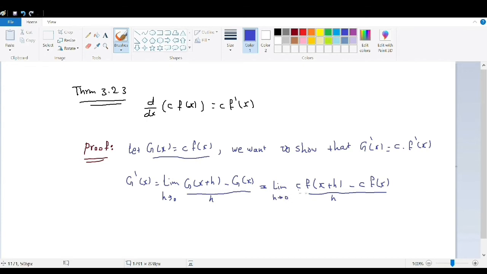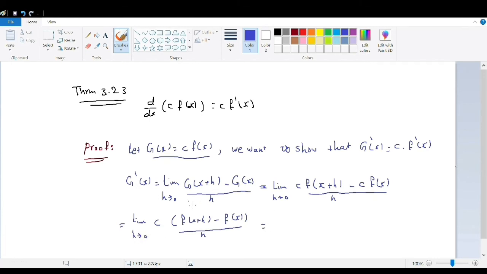So here we have the limit of c multiplied by f of x plus h minus c multiplied by f of x, divided by h. Since here we have c and here we have c, we can take it as a common factor. So this will give us the limit of c multiplied by f of x plus h minus f of x, divided by h, and we evaluate the limit when h approaches 0.